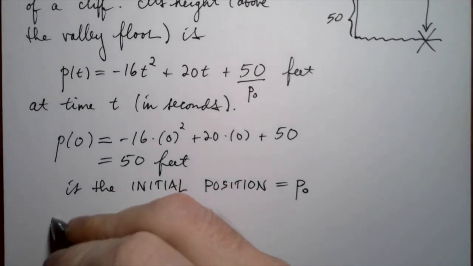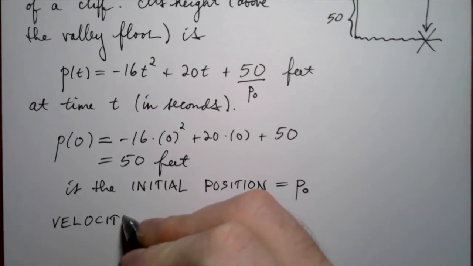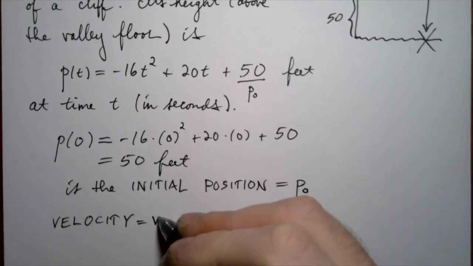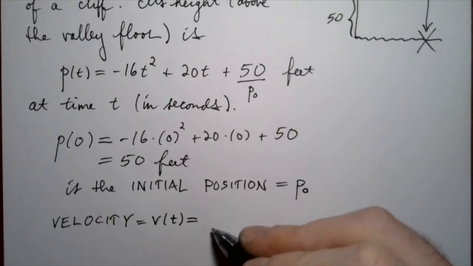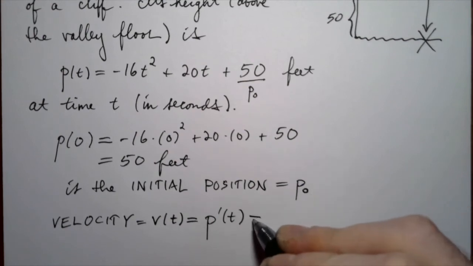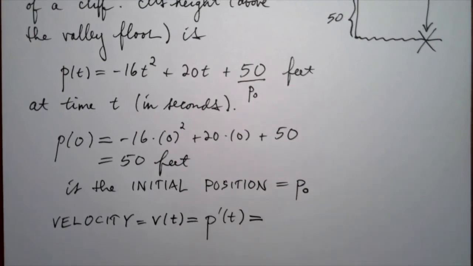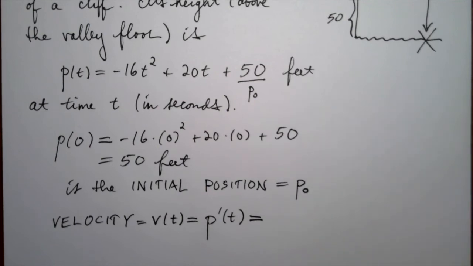Now, let's understand the velocity. The velocity as a function, we might write it as v of t, v standing for velocity. It is precisely the derivative, the first derivative of the position function. So let's take the derivative of this polynomial with respect to t.